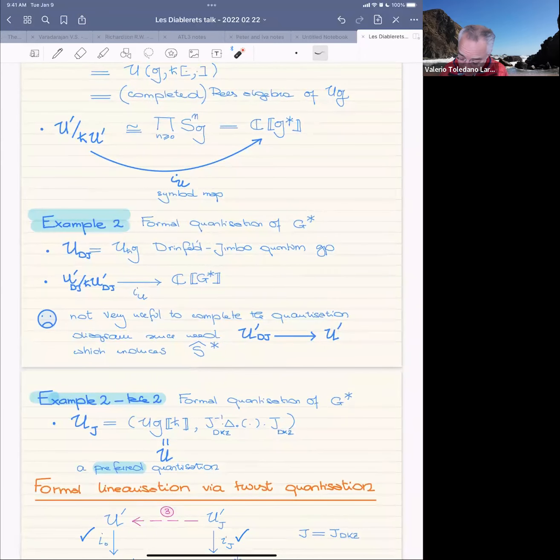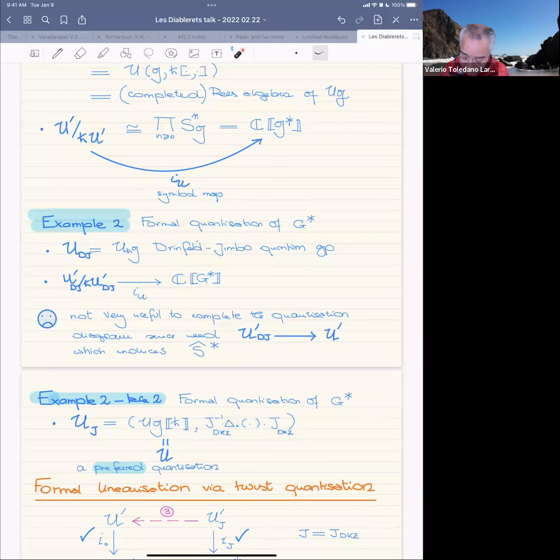To obtain a formal quantization of G, we're still going to use Drinfeld duality. But instead, we're going to start from a preferred quantization, which is to say something which as an algebra is equal, not just isomorphic, equal to the trivially deformed enveloping algebra. But we're now going to twist the coproduct with the twist that I constructed from the dynamical equations.